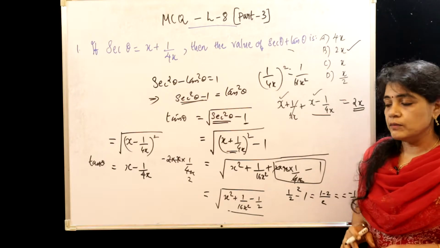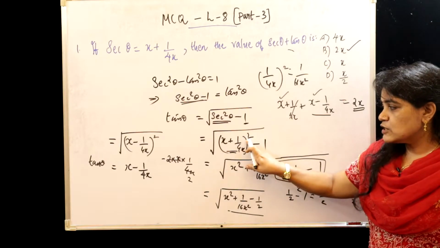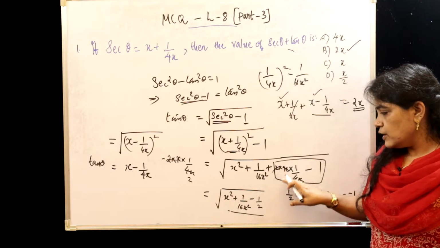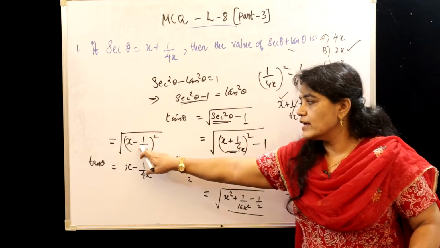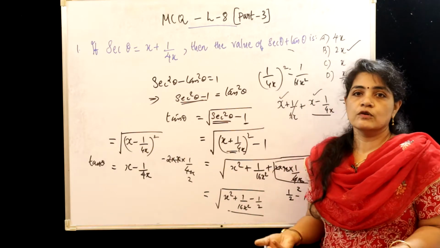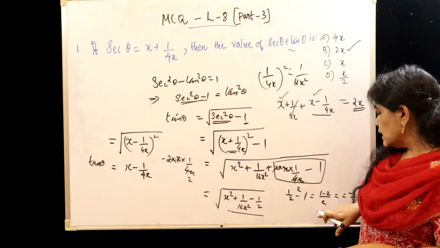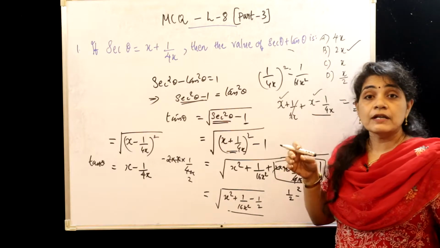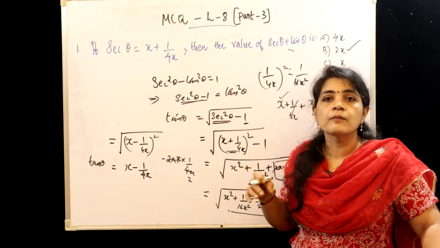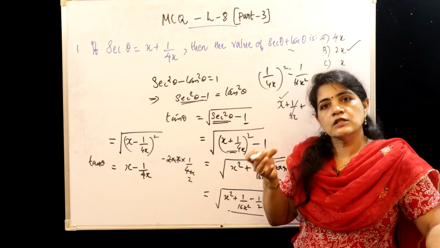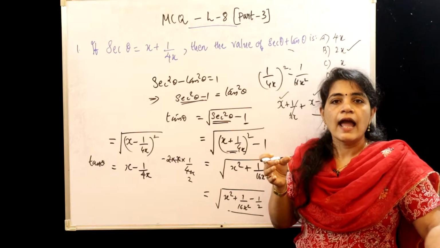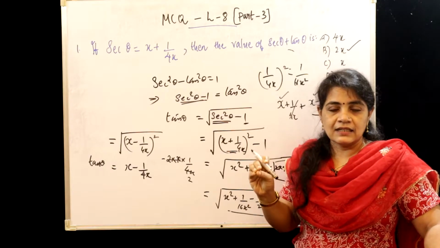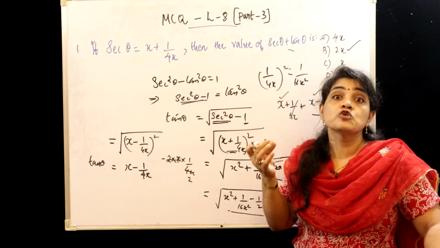This is very, very important. The only problem is, here you have to expand using the identity a plus b whole square, and after simplifying you will get it in the form of (x minus 1 by 4x) whole square, because the middle term is minus 1 by 2. In a plus b whole square, all three terms are positive, that is a square term and b square term. For a minus b whole square, the middle term is minus 2ab.